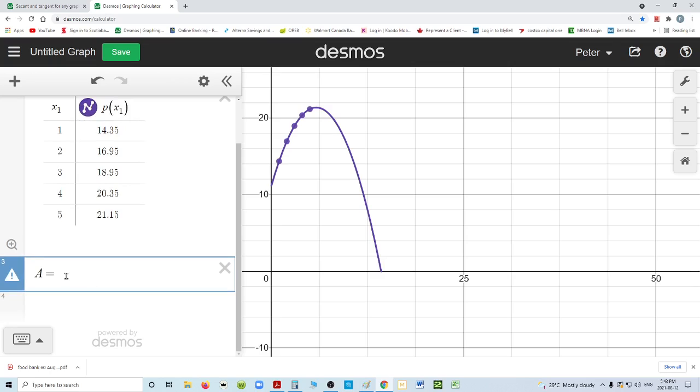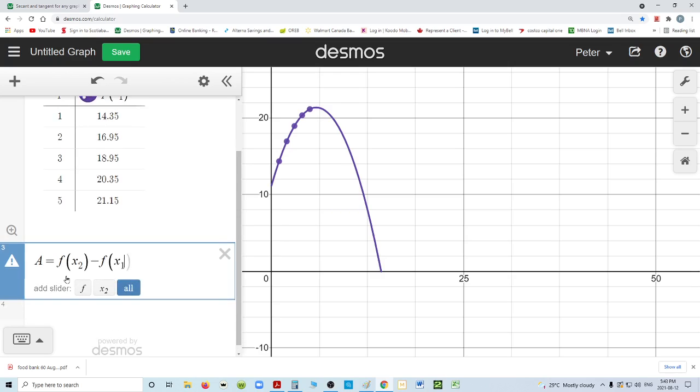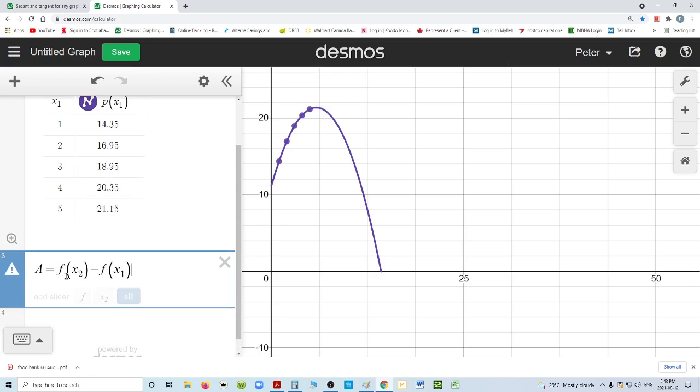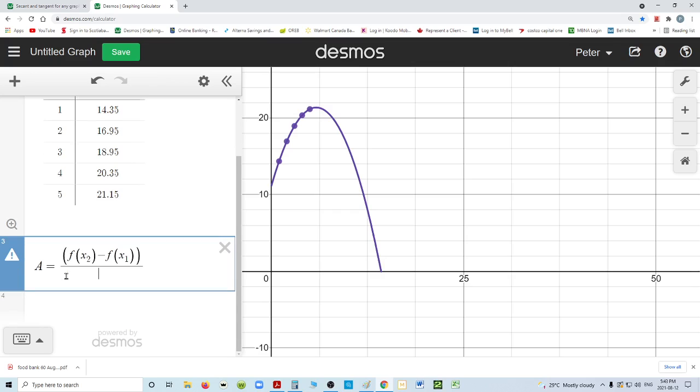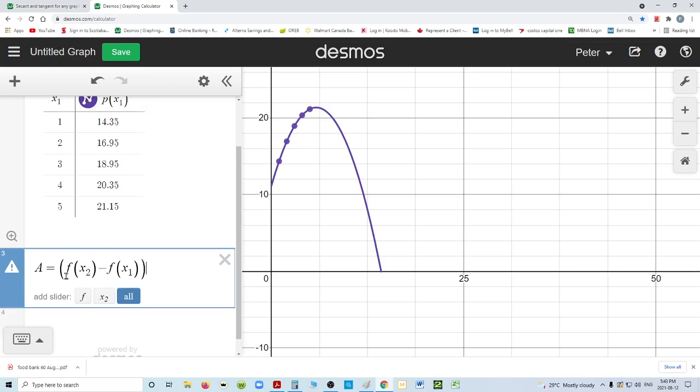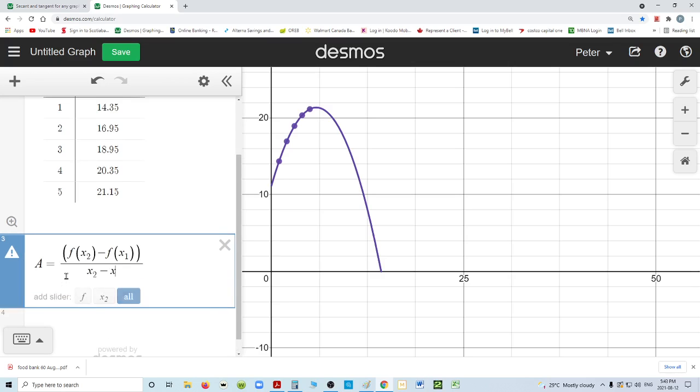A is going to be your f of x2 minus your f of x1, and let's put that all up top in brackets, divided by, and let's put just the right side in brackets, x2 minus x1.